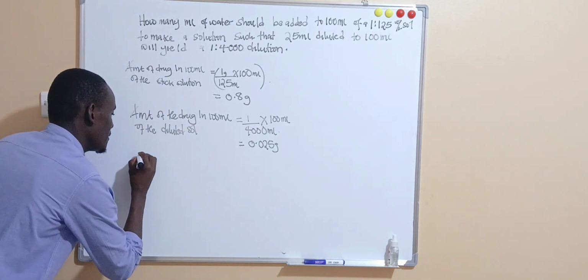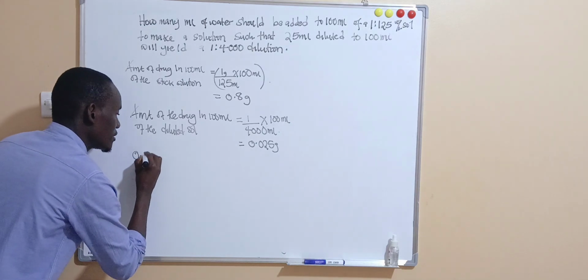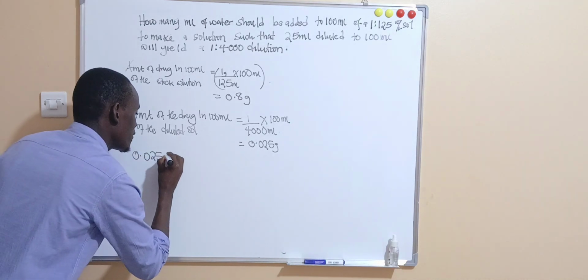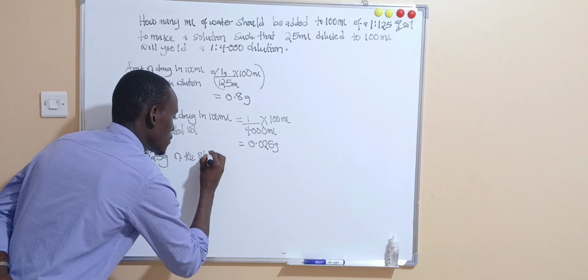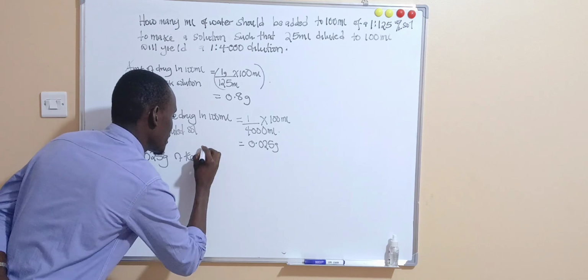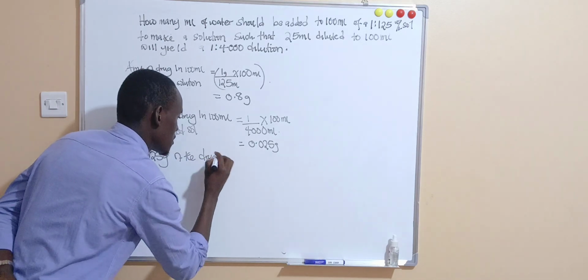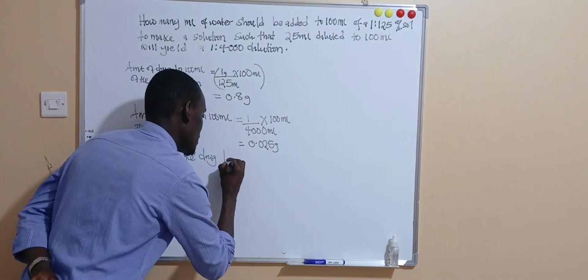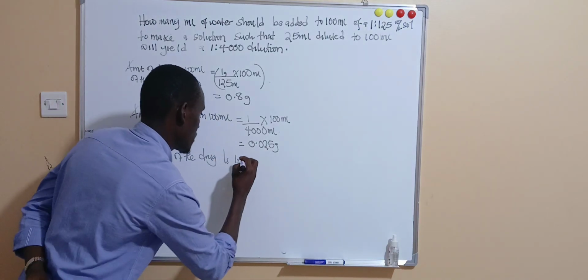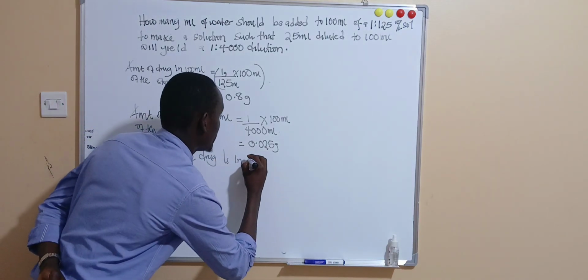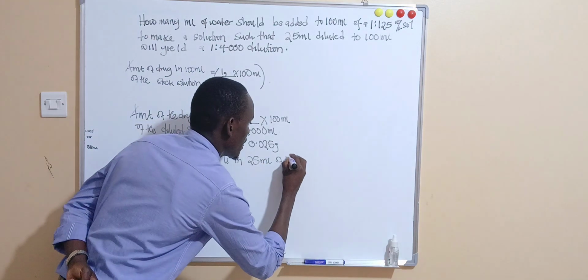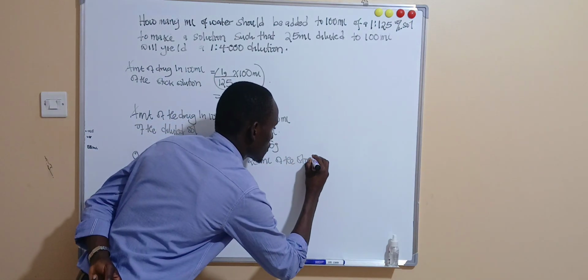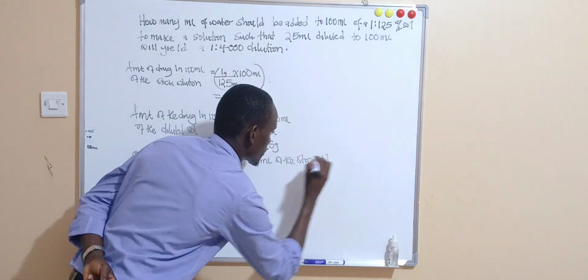So we shall say that 0.025 grams of the drug is in 25 mils of the stock solution.